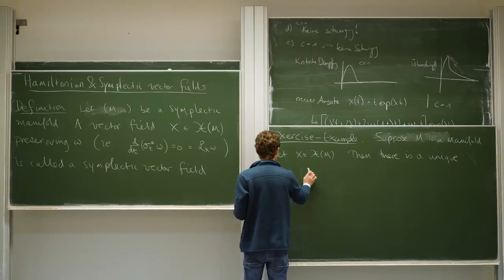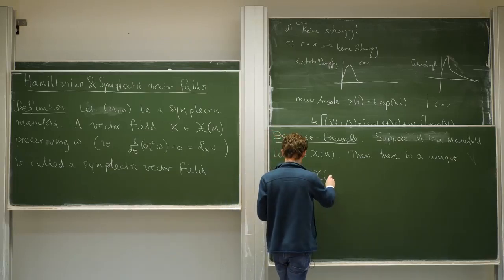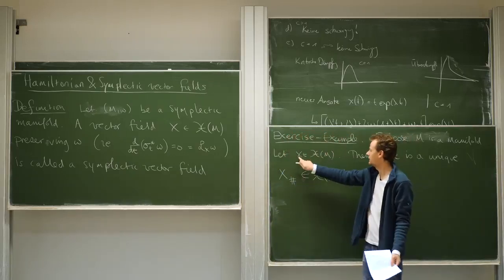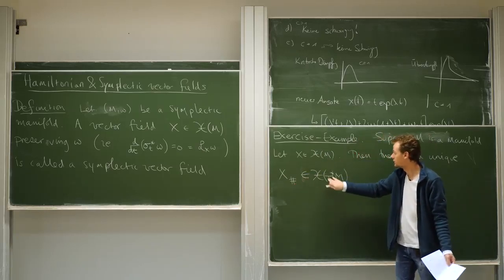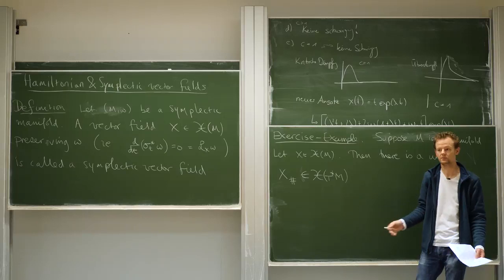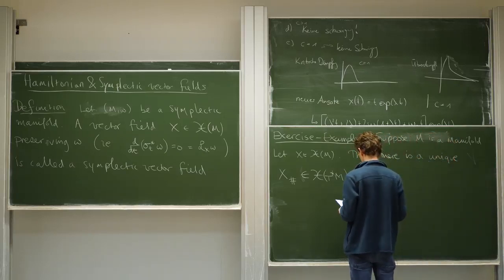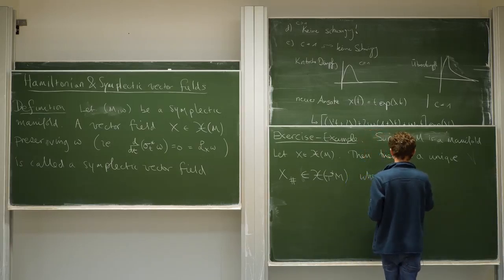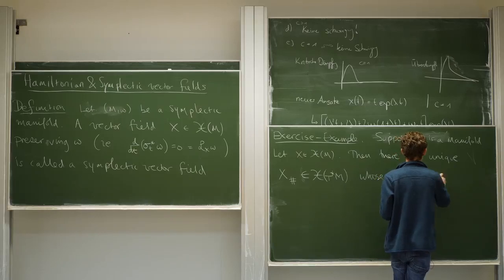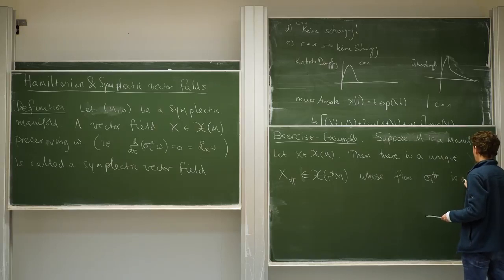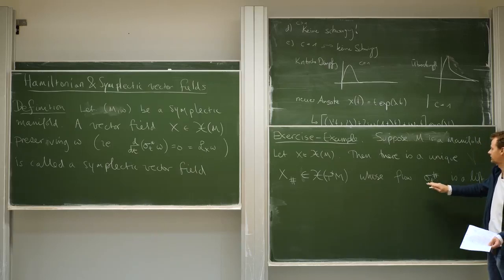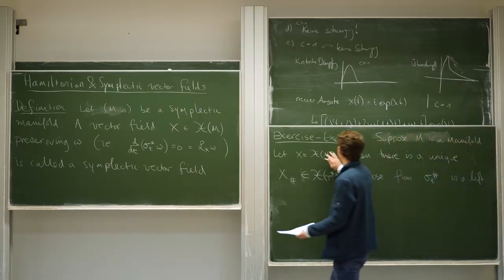And the way it works is we're going to lift, via this lifting procedure that we discussed several lectures ago, this vector field X to a vector field on the cotangent bundle now, which is a symplectic manifold. And how do we do it? Well, we know how to lift maps. So we define this guy to be the vector which generates the flow, which is precisely the lift of the flow coming from X.